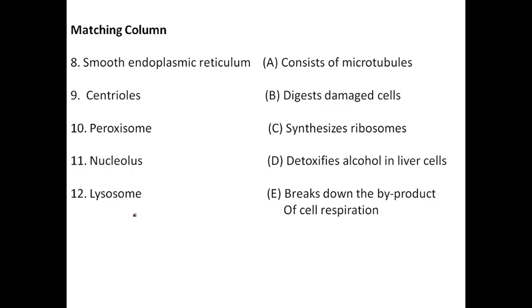Next, smooth endoplasmic reticulum. What is the function of smooth endoplasmic reticulum? As we have discussed, it detoxifies the alcohol in the liver cell. Then centrioles. As we have just discussed, centrioles consist of microtubules.